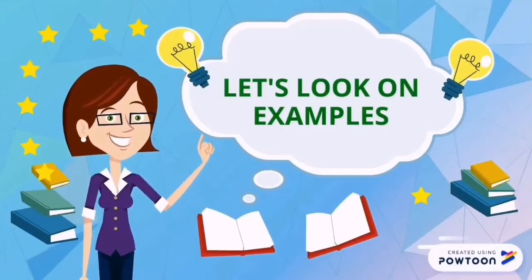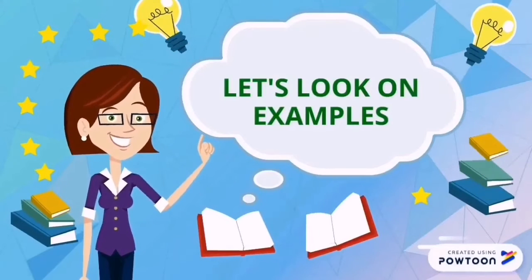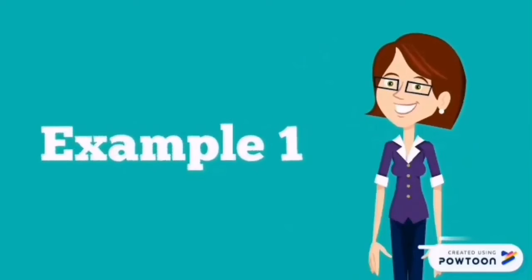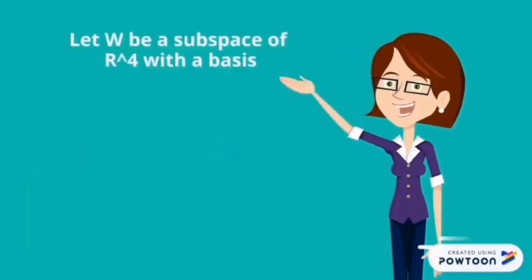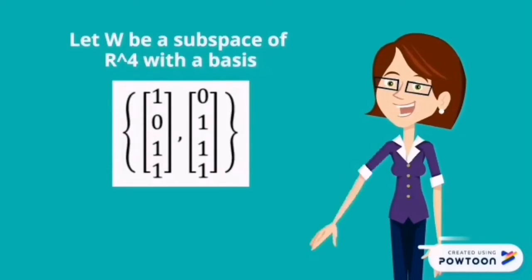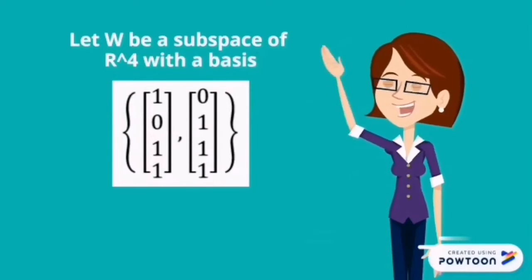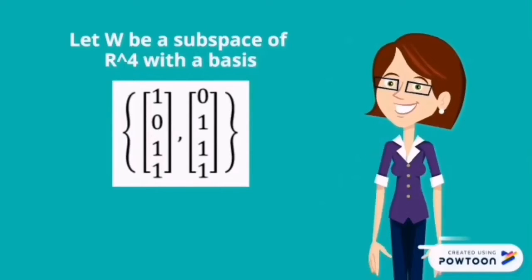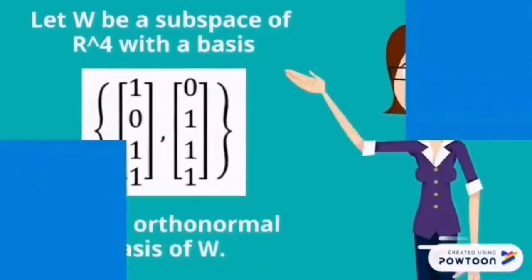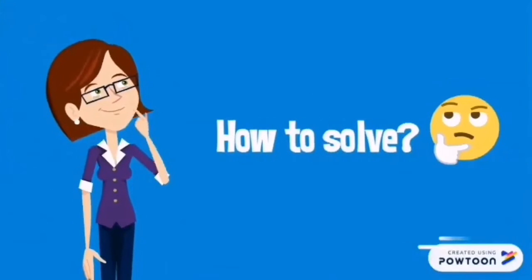Now, let's look at examples. Let's proceed to the example question of orthonormal basis. Let W be a subspace of R4 with the basis (1, 0, 1, 1) and (0, 1, 1, 1). Find an orthonormal basis of W. So, how to solve this kind of question?